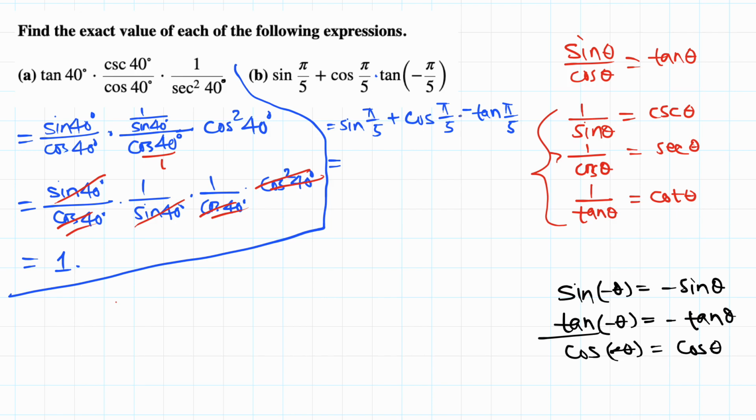This negative times means it comes to the middle. So sine pi over 5 minus, now we need to work on this product, cosine times tangent.